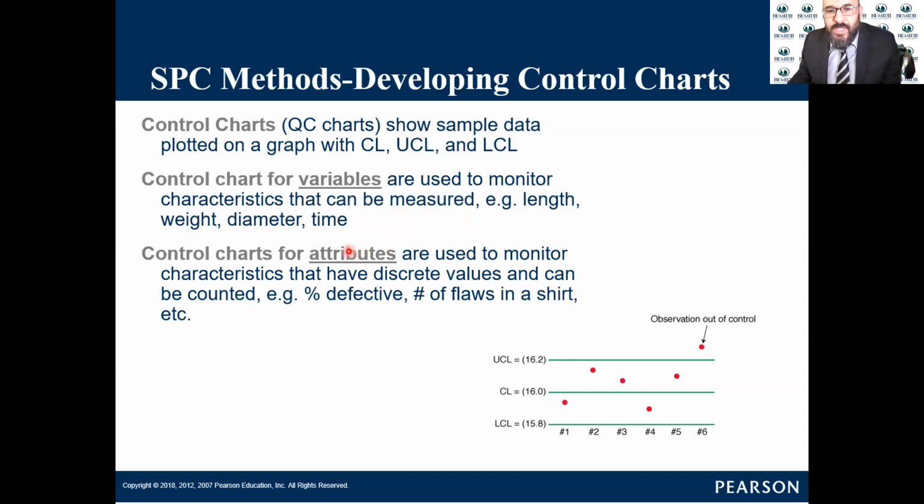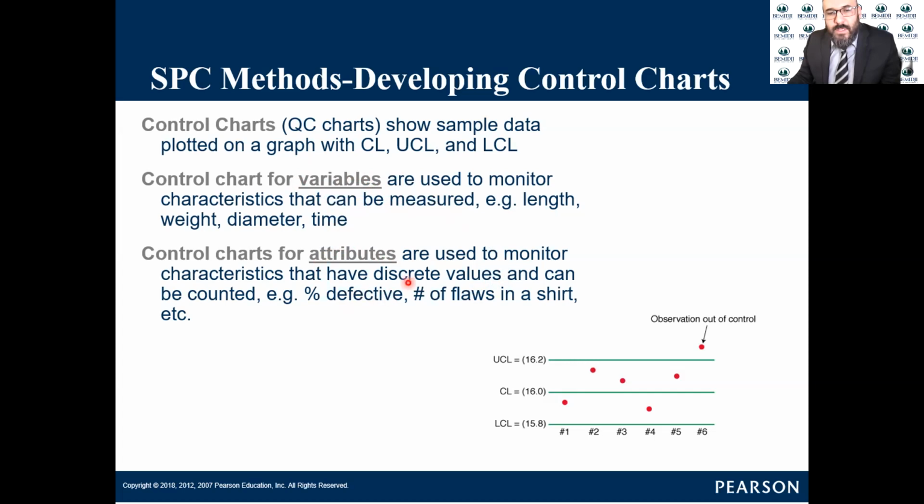However, the attribute is something that is observed. It's not measured, it's counted. These values are discrete values, and these are counted, such as percentage of defective parts, number of flaws in a shift, etc. So if you are dealing with something that you can measure, that would be variable, continuous data.